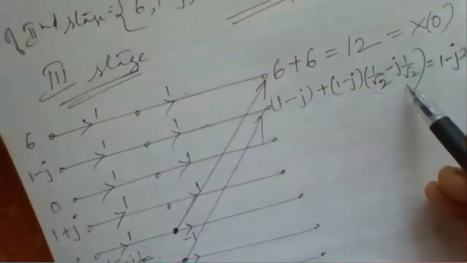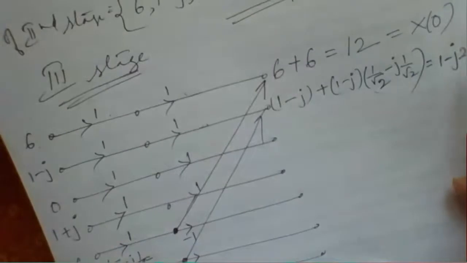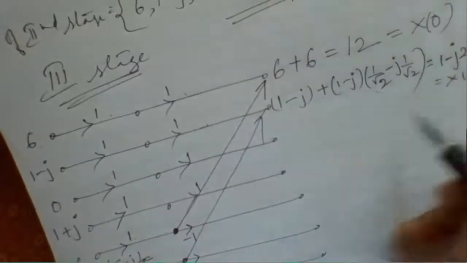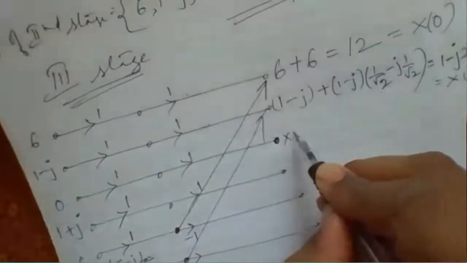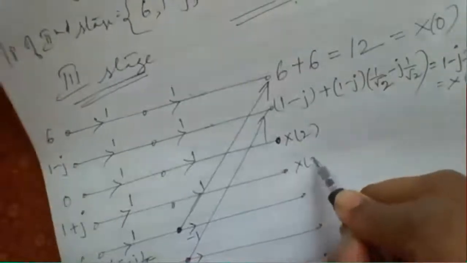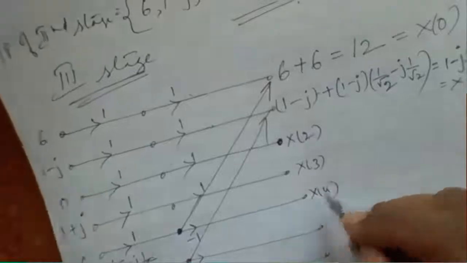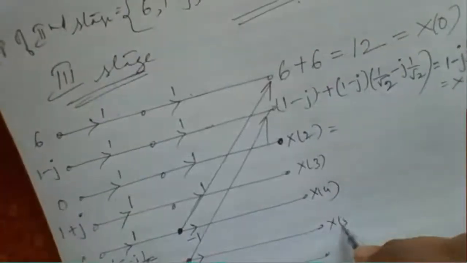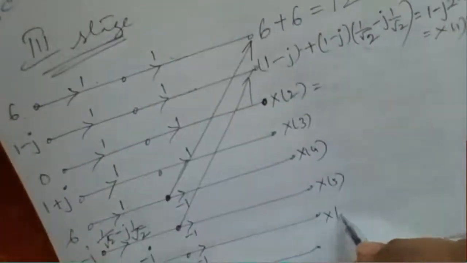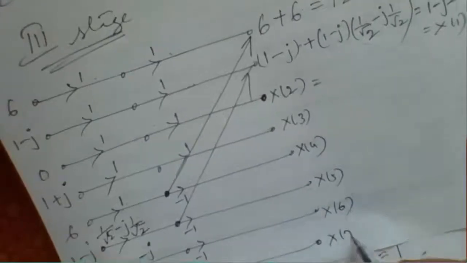That is the second sum, and this is x of 1. Similarly here you generate x of 2, x of 3, then x of 4, x of 5, x of 6 and x of 7.